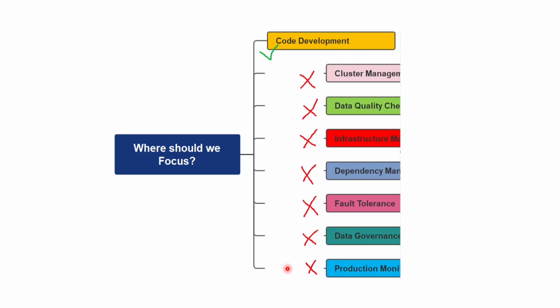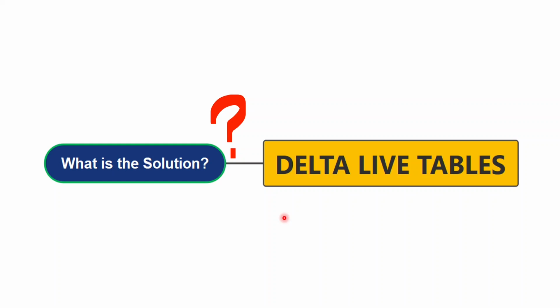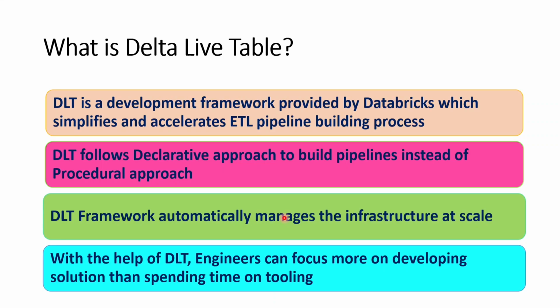Once I have covered all the videos and you understood all the concepts, then you can relate how Delta Live Tables is efficient and how developers can focus only on the code development instead of focusing on the tool. Right. So Delta Live Tables gives a framework, and with the help of that framework, developers can produce efficient ETL pipelines.